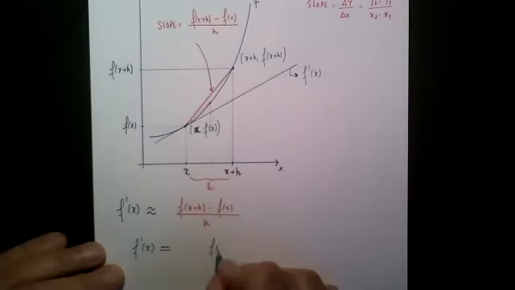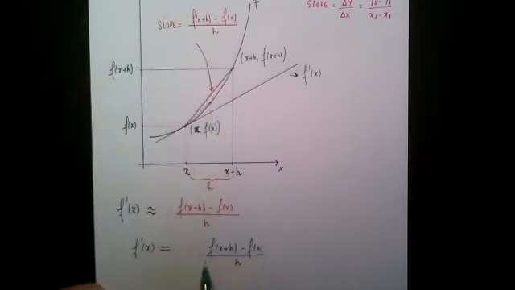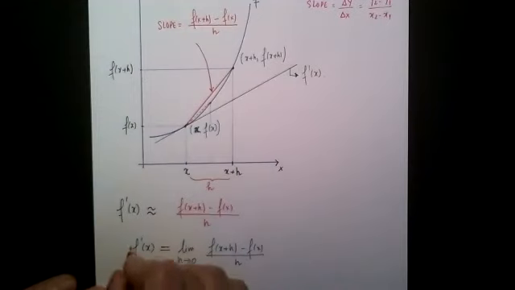Very good. So the limit as h approaches 0 of f of x plus h minus f of x over h. But now I'm going to take h very, very small, like I showed you with my ruler that turns. If I make h very, very small here, then I'm going to get the exact value of the slope. This is very important, what I just wrote here.